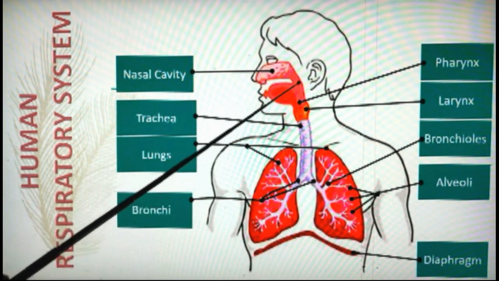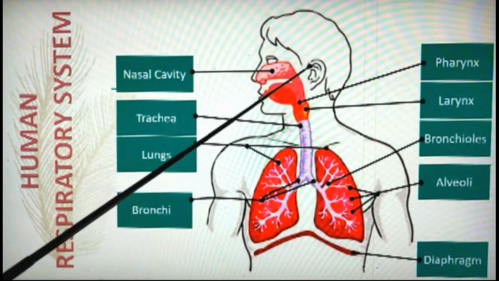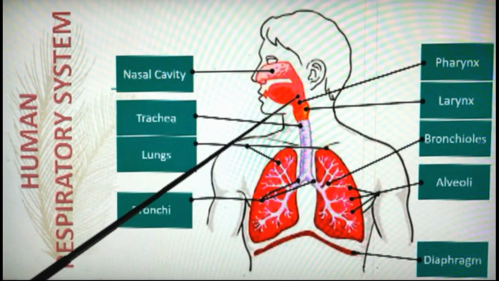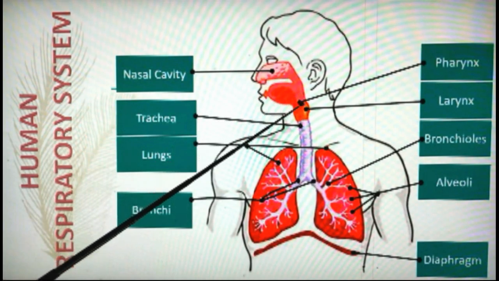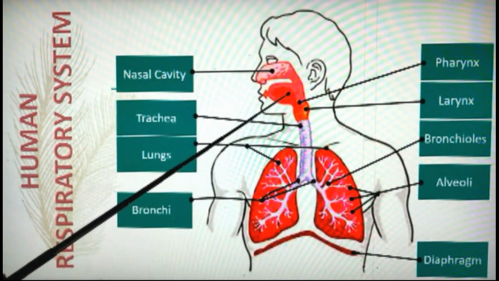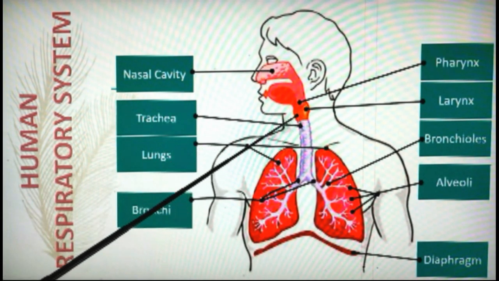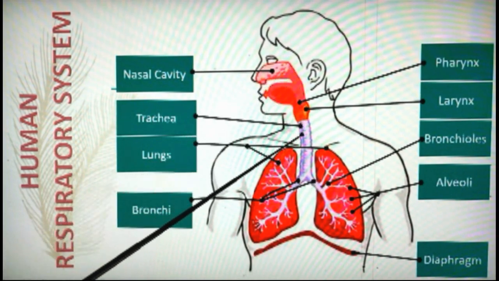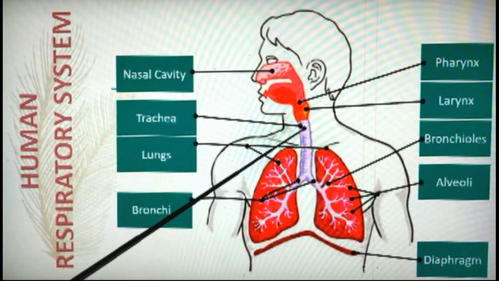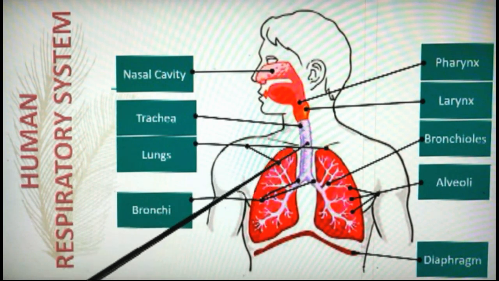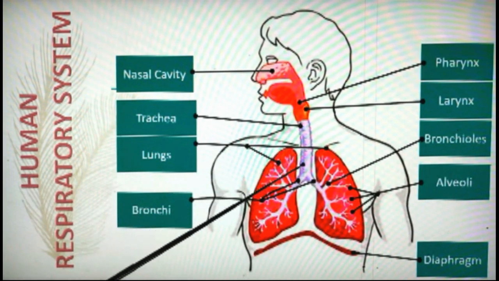The glottis gets covered by a small flap-like structure known as the epiglottis when we swallow food. Can you say what's the function of this epiglottis? Yes, the epiglottis prevents the entry of food into the windpipe. Because the windpipe is so delicate, when food enters into the windpipe, it may lead to suffocation and sometimes it may lead to the death of the person.